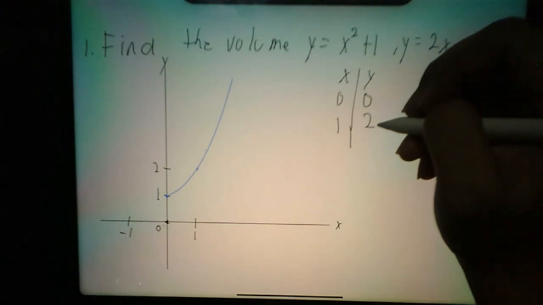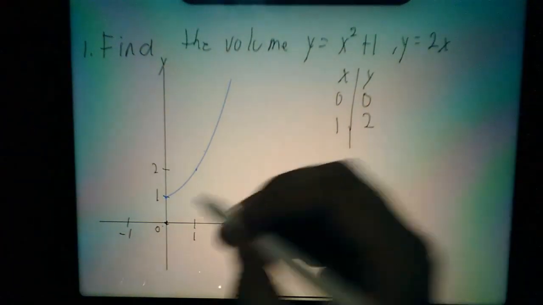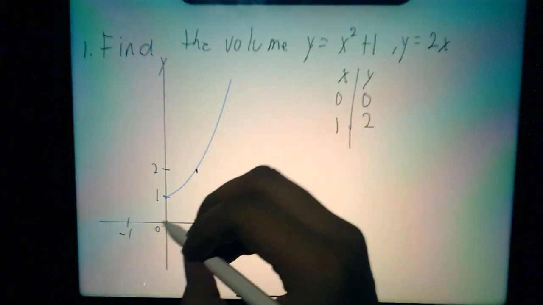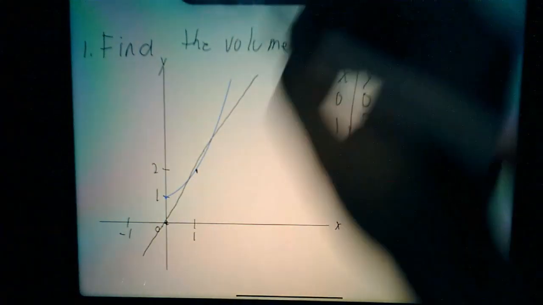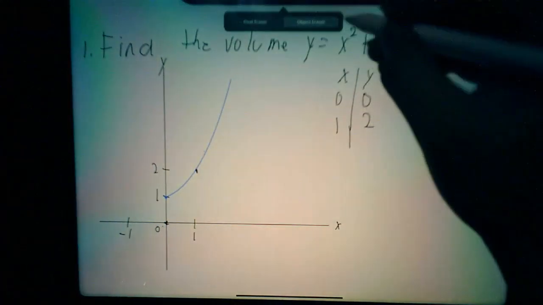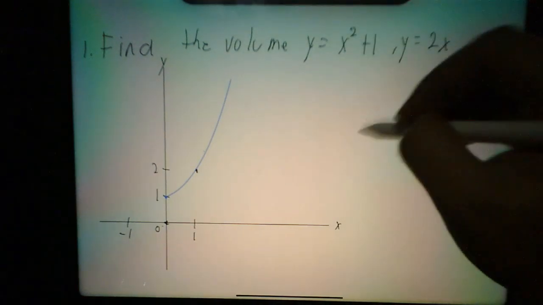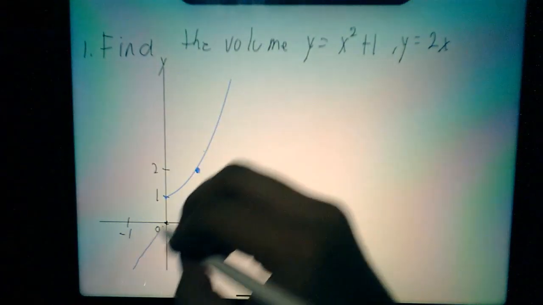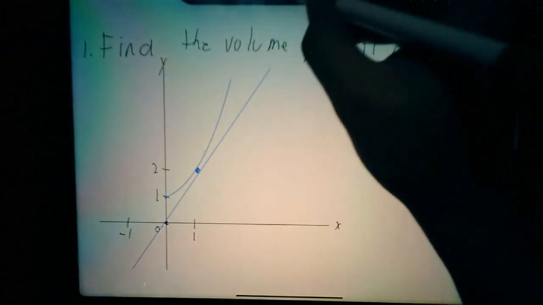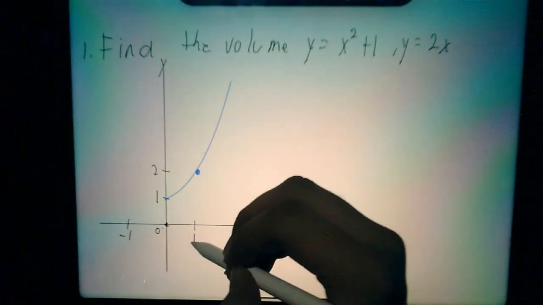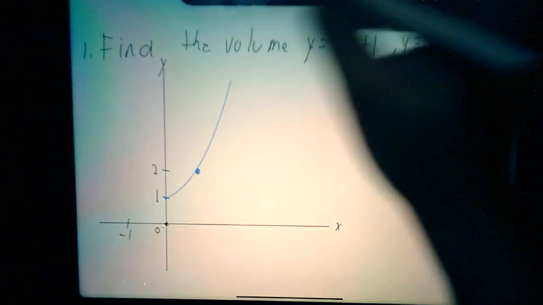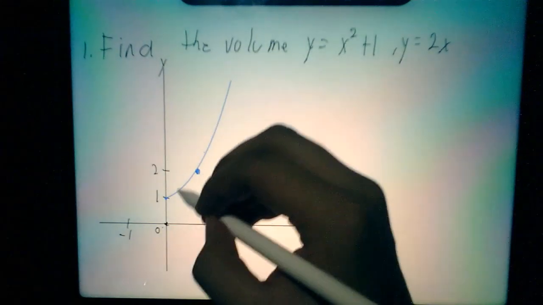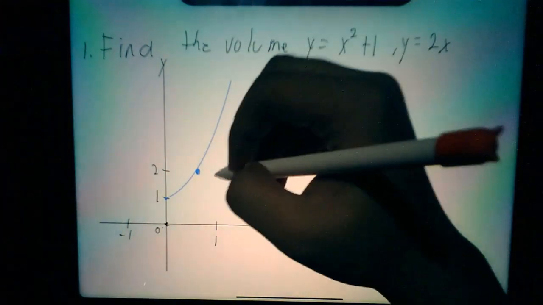So we have now our points for our line: 0 and 0, and 1 and 2 here. So by putting this line, let's make it bigger. So let's put 1 here, and 2. This is our 2.